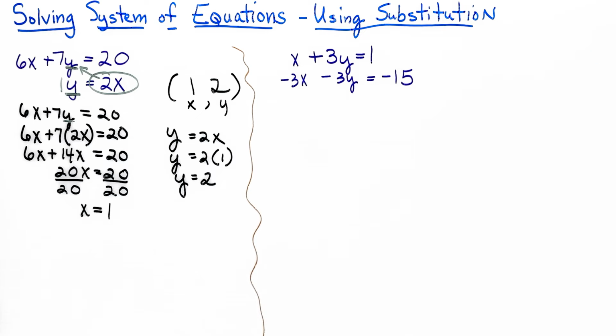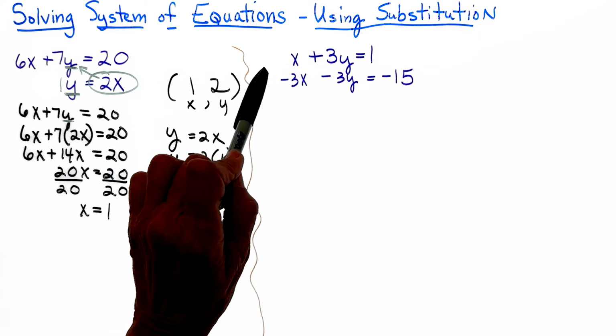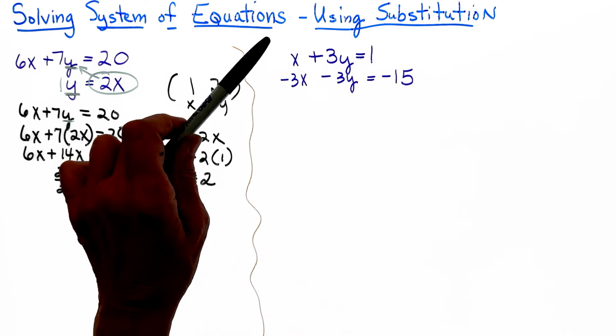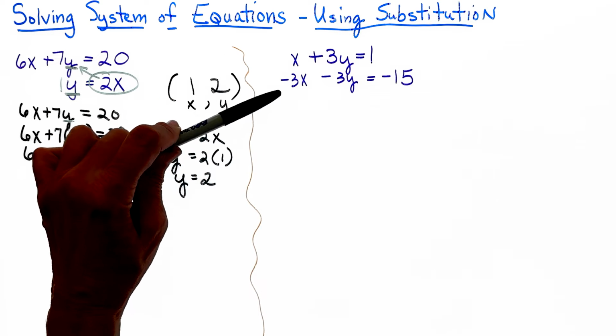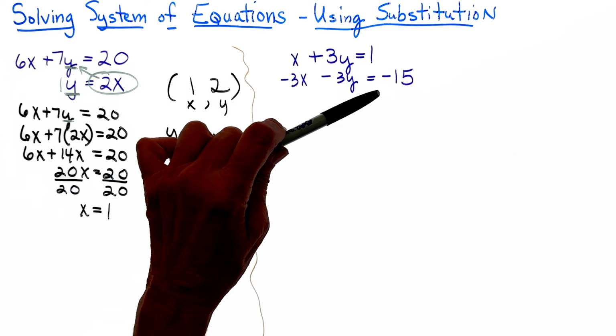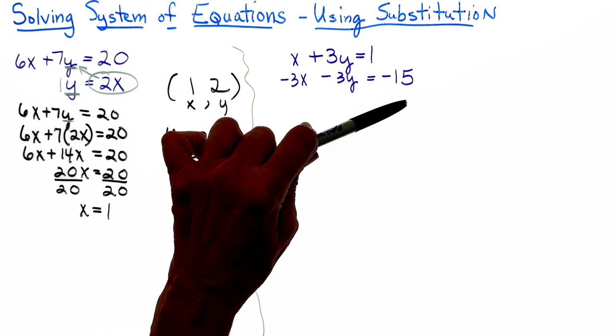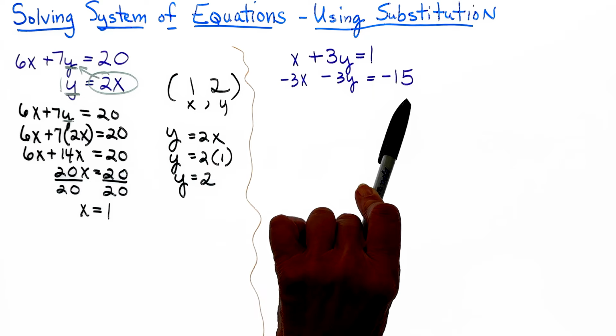So let's go to one that's a little bit more complicated. For the first one, it actually gave us y was equal to 2x. Look at the second problem. As we look at this, we can see we have x plus 3y equals 1, and negative 3x minus 3y equals a negative 15. A lot of negatives. We're going to have to be careful today.